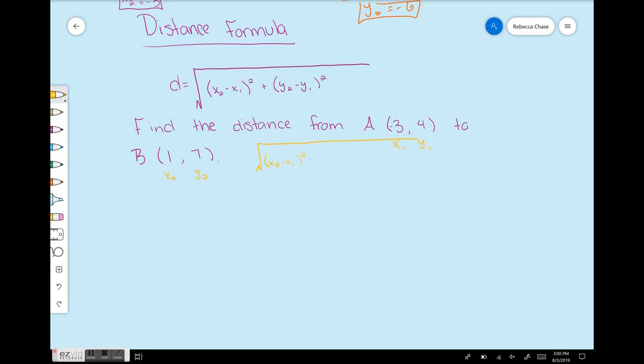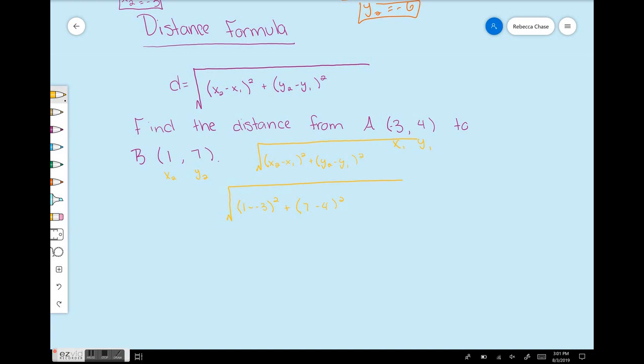So I'm going to have x sub 2 minus x sub 1 squared plus y sub 2 minus y sub 1 squared. So I'm going to have the square root of 1 minus negative 3 squared plus 7 minus 4 squared. Now, here's the tricky part. It does not matter if you start with the x sub 1 or you start with the x sub 2.